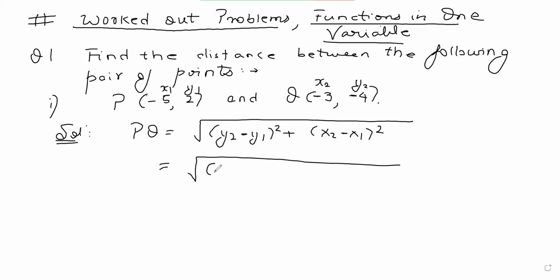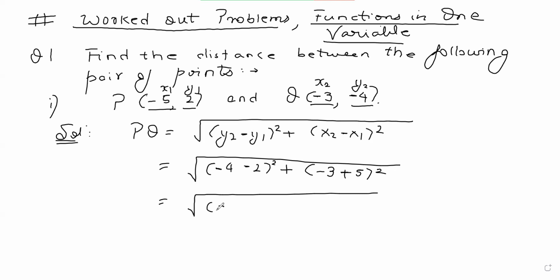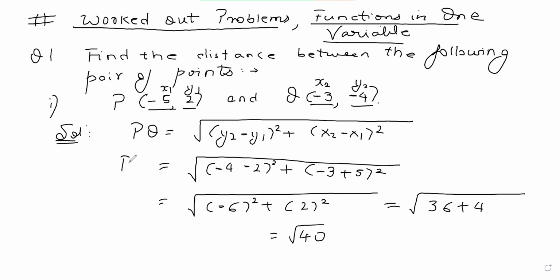So I can write -4 minus 2 square plus x2, which is -3, minus -5. Minus of -5 is +5 square. So I get -6 square plus 2 square, which is the square root of 36 plus 4, which is the square root of 40. So my distance PQ is equal to the square root of 40.